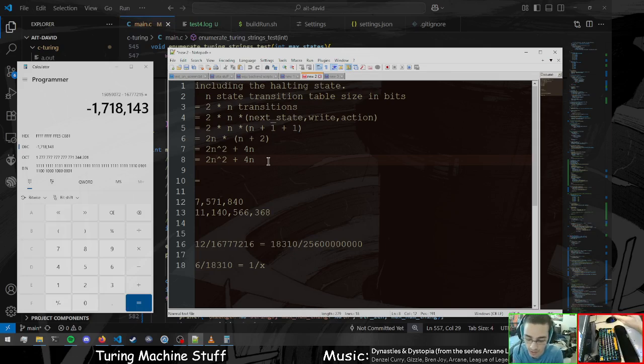Okay, so let's plug in that function. I'm going to plug in that function into my calculator. Right, and I'm going to... No, that didn't work. What did I do? Is end transitions? No, this isn't right.